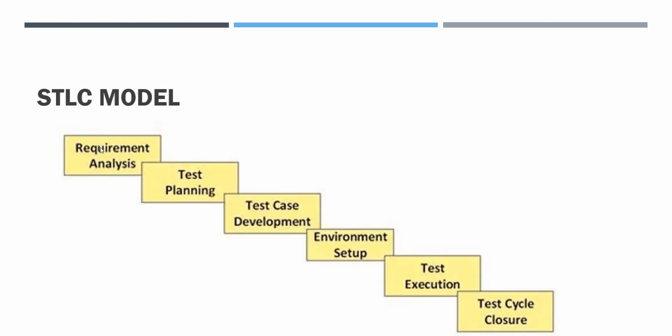The testing team analyzes the requirements and understands them. After that, they do the feasibility study, meaning is the requirement testable or not, and how the requirement will work. All these things the testing team understands in the requirement analysis phase.